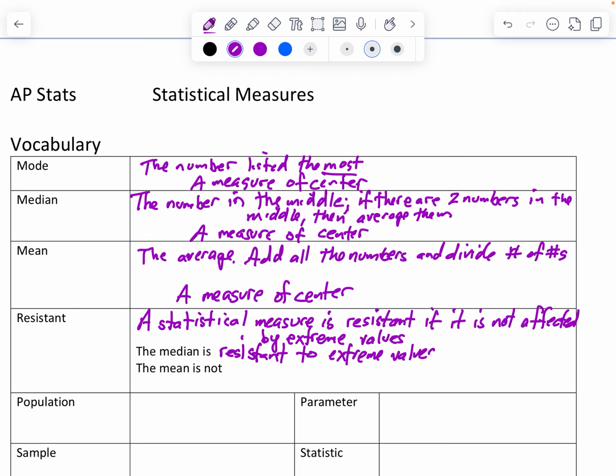Now that's because it's right in the middle of values. It doesn't matter what the values are at the end, whereas the mean, it takes the value into consideration, so it is not resistant to extreme values.